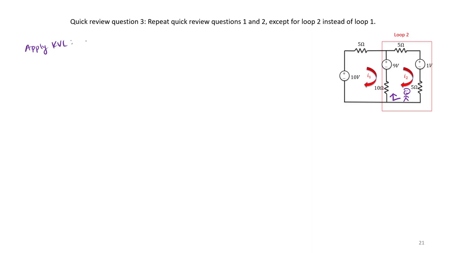So I'm going to walk, in this case, in the same direction as current I2. So I'm going to go ahead and walk clockwise around the circuit in the direction of current I2.